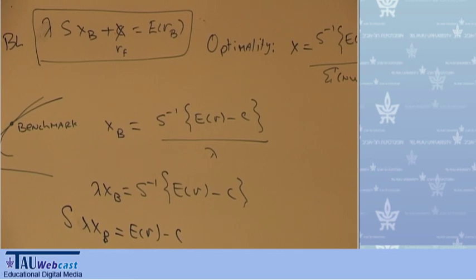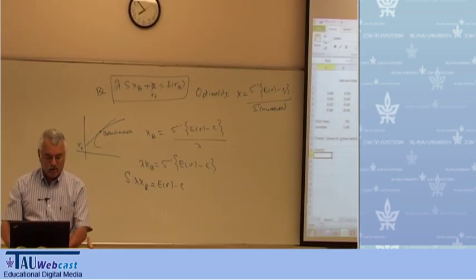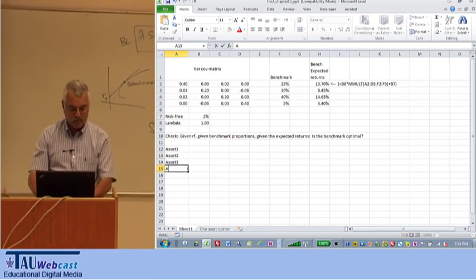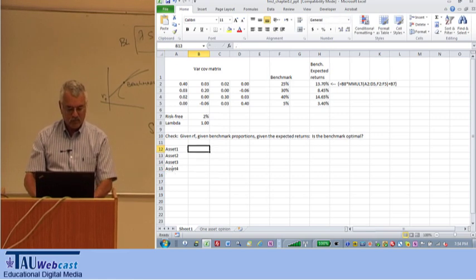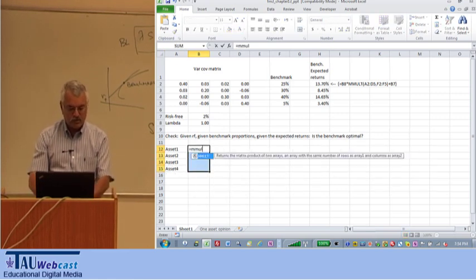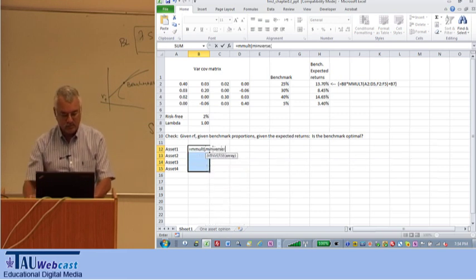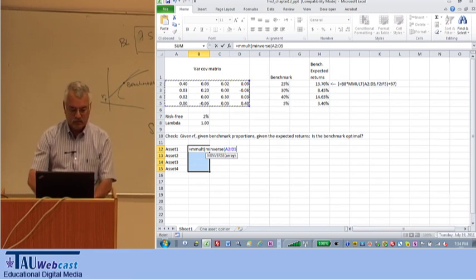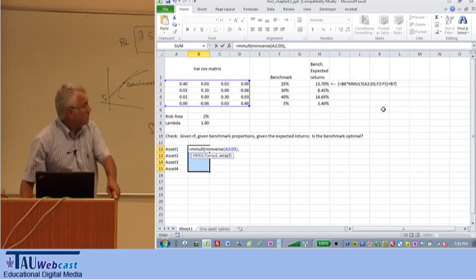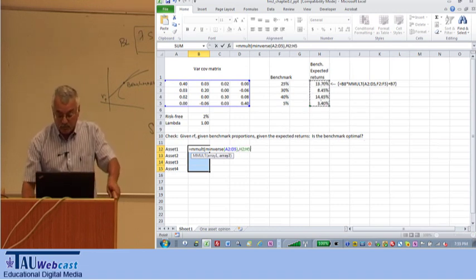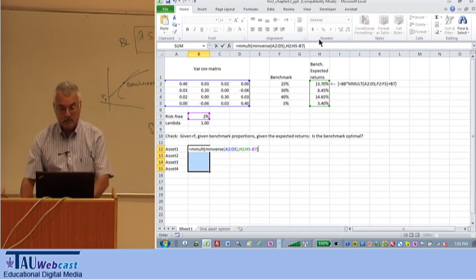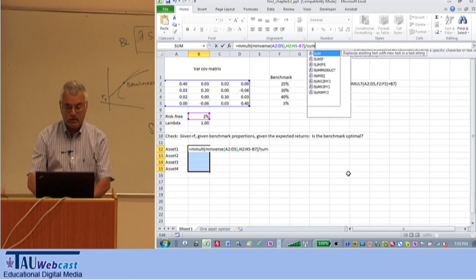So you say asset 1. Okay, so you say matrix multiply, matrix inverse, variance covariance. Let's see, expected returns minus the risk-free rate. That's the numerator. Now you have to divide by the sum of the numerator.